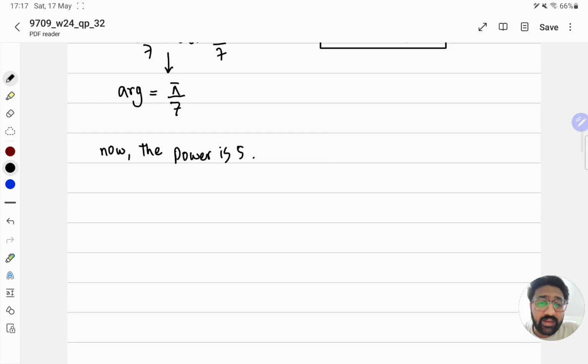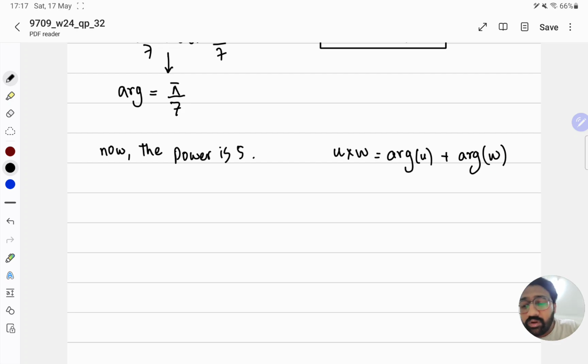Let me just revise that: if you have two complex numbers which are multiplying, the arguments of those complex numbers are going to add. So if you have u square, it will mean argument of u plus argument of u.